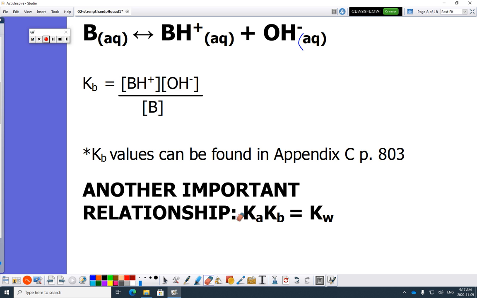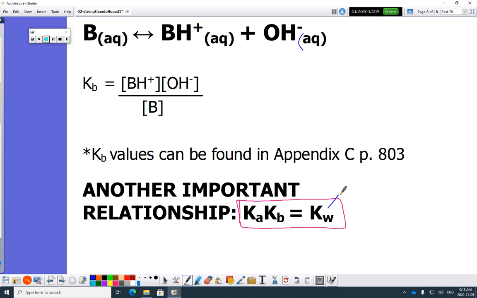There's a lot of ways to convert between values.